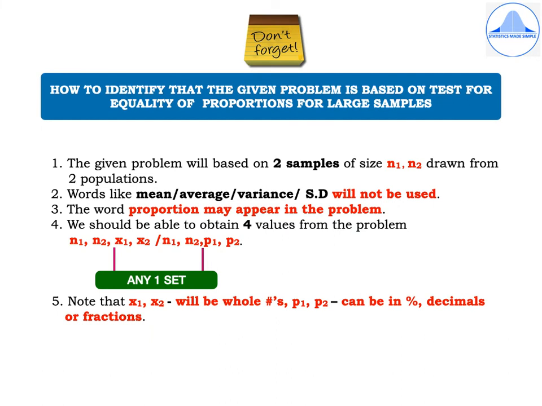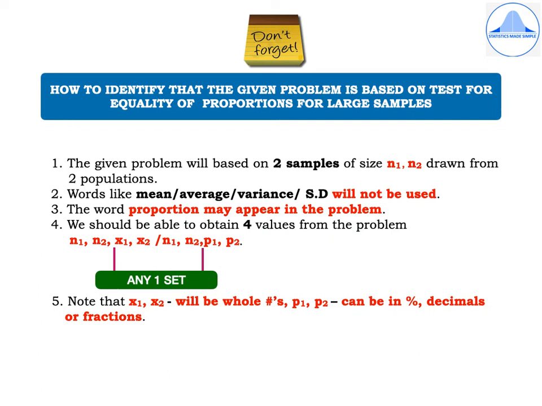Compared to large sample tests for single mean, test for equality of means, and test for single proportion, it is quite easy to identify tests for equality of proportions because usually the word proportion would be used.